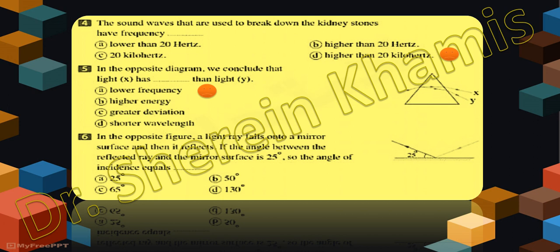Okay, so we are going to question 6. In the opposite figure, the light ray falls on the mirror surface and then it reflects.